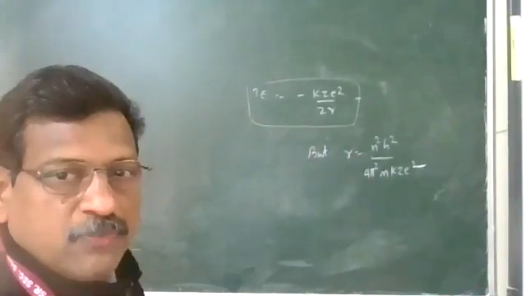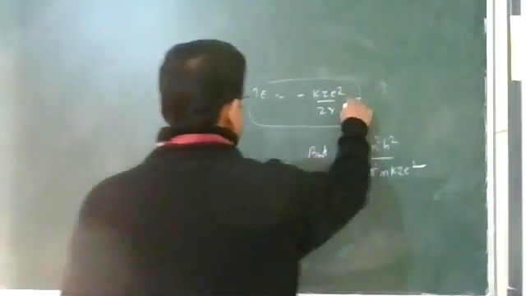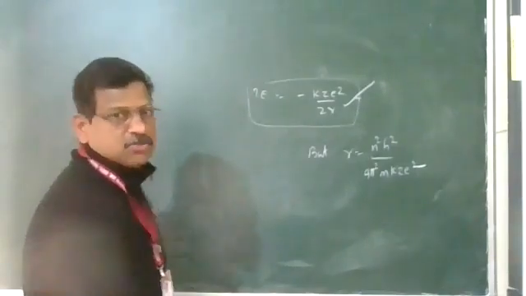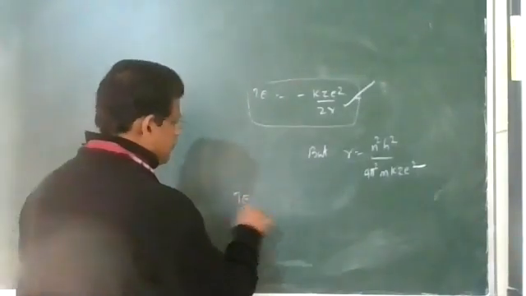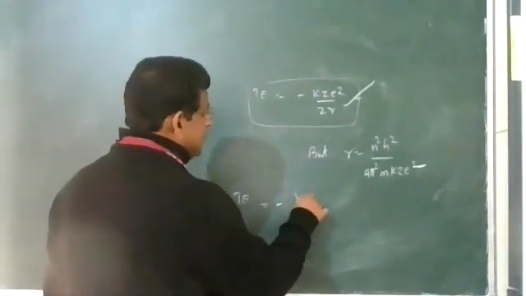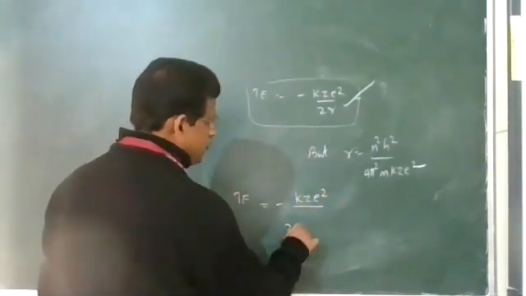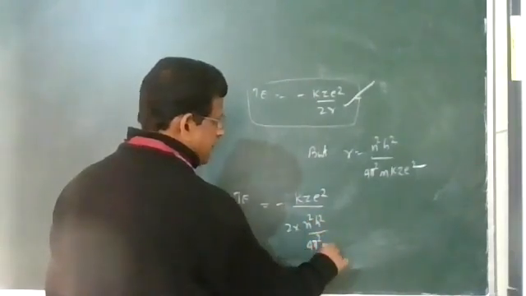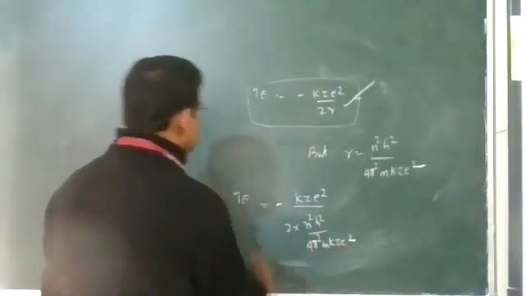You have to substitute the value of r in this equation because we want the total energy in different parameters. The total energy is given by minus K Z square divided by 2 into n square h square divided by 4 pi square m K Z e square.